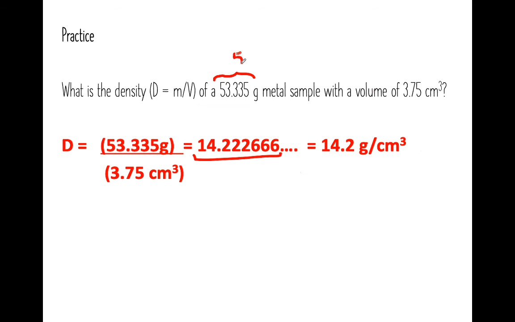All of these are non-zero numbers, which means that they all count. In this case, these are also all non-zero numbers, but I've got only 3 of them. So my lowest number of significant digits in my question is 3. Therefore, when I round my final answer, I have to round such that this number also has 3 significant digits, the lowest number that I have in my question.